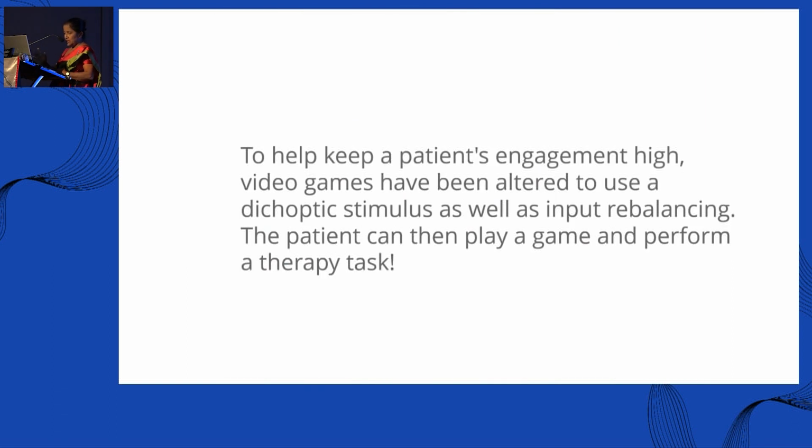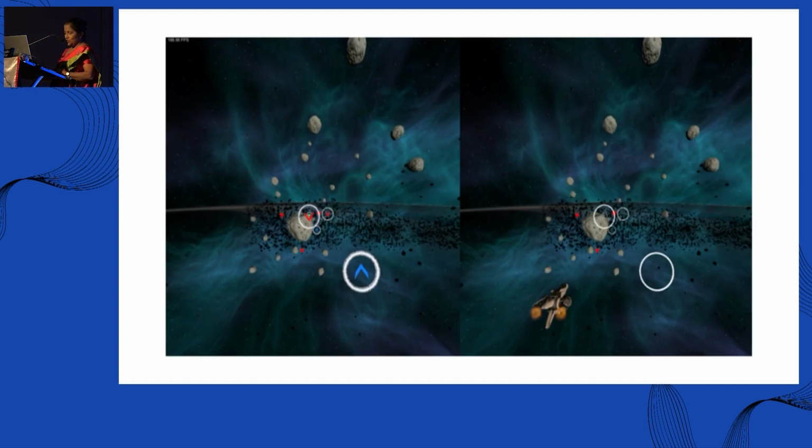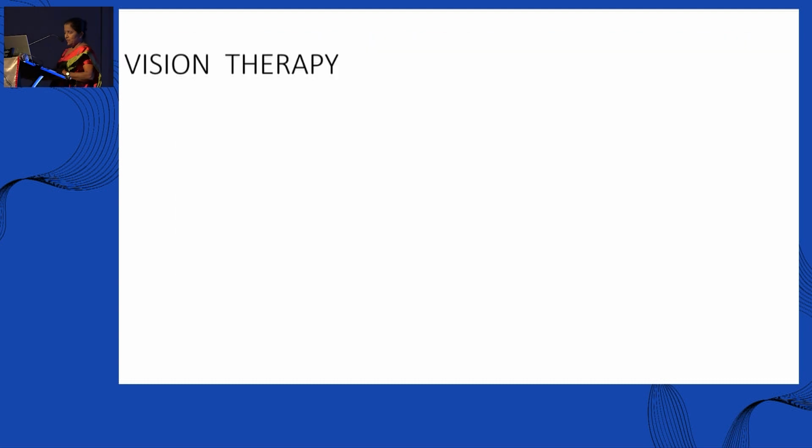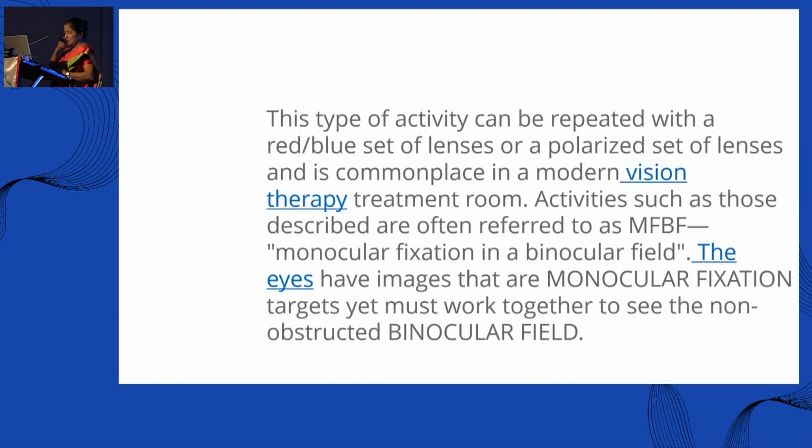They were trying to keep the patient's engagement high with video games so that they do the therapy as a task. And this is another type of video game they have given. And vision therapy is a newer type of thing. They have said there are modern vision therapy treatments, described as monofixation in a binocular field. The monocular fixation targets must work together to see the non-obstructed binocular field.